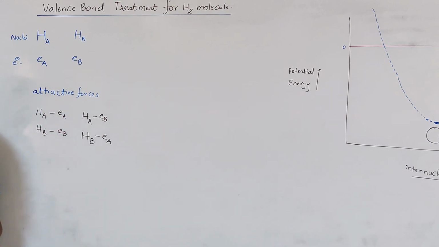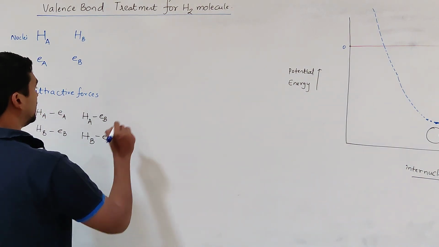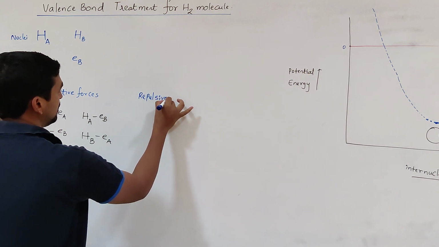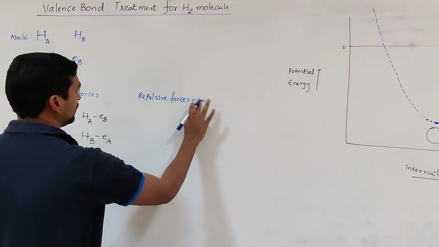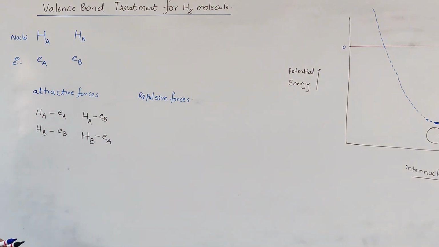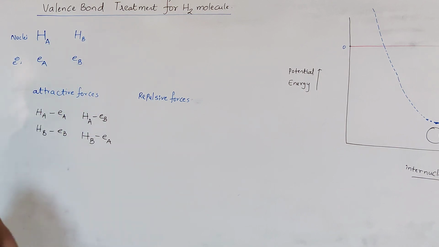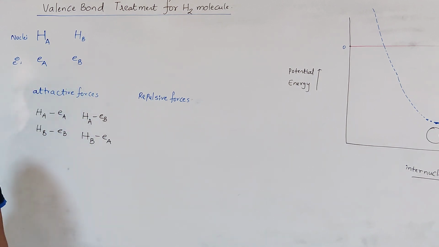Not only attractive forces, the repulsive forces will also exist. What are the repulsive forces? Whenever the two hydrogen atoms approach each other, the nuclei of both the hydrogen atoms repel each other because both carry a positive charge, and their respective electrons also repel each other because both carry a negative charge.